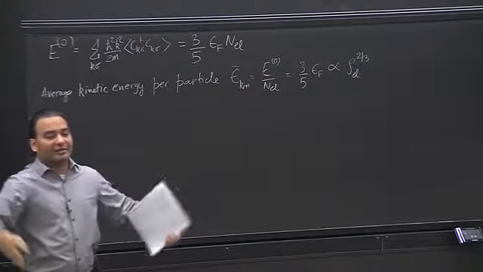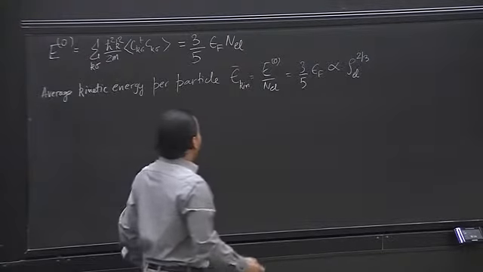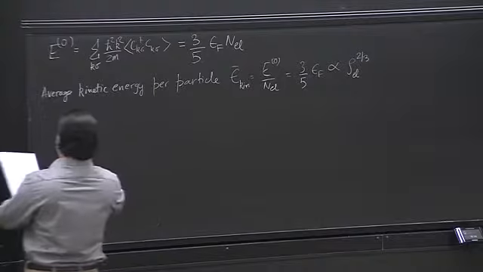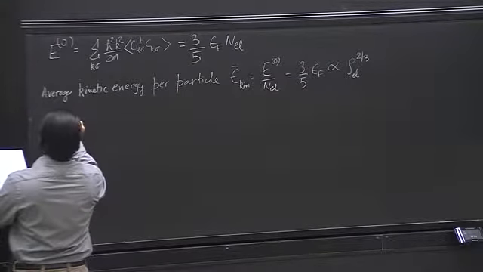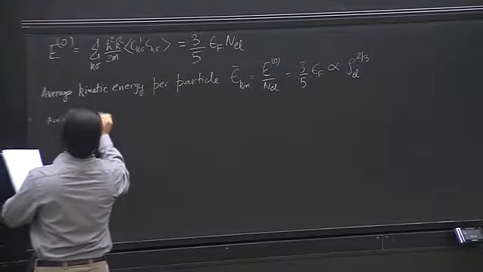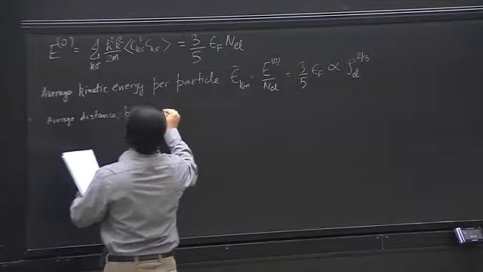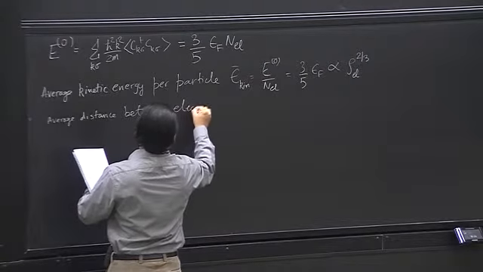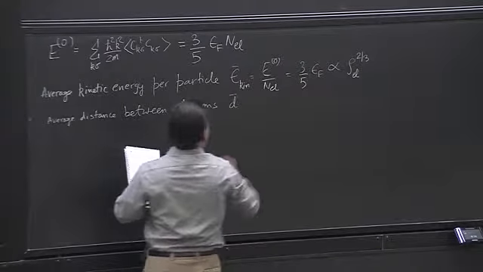Now imagine you have a large number of electrons, and assume that the average distance between them is, say, d bar.